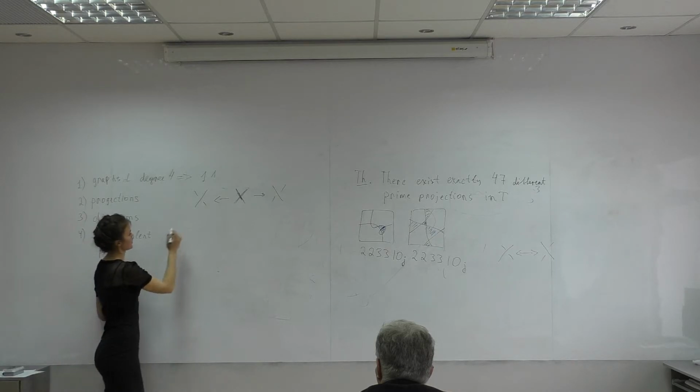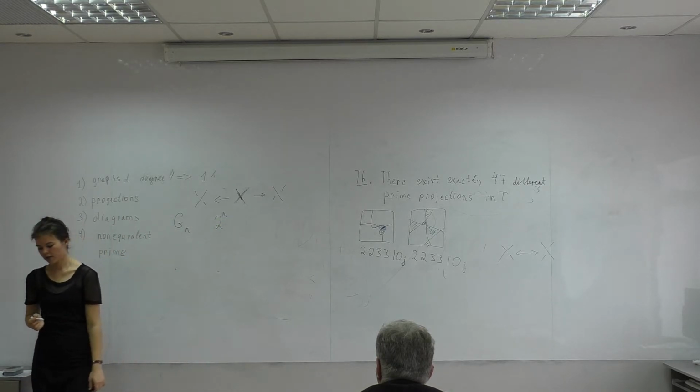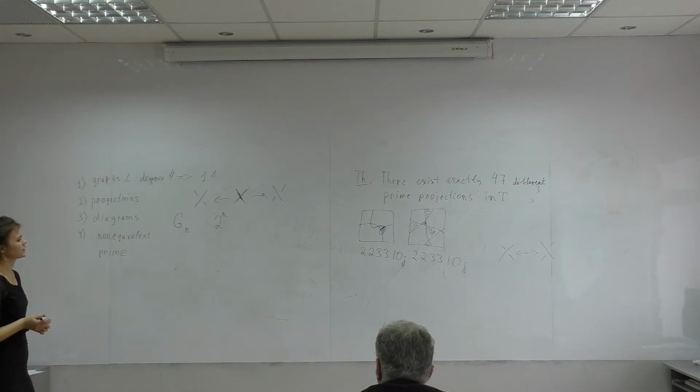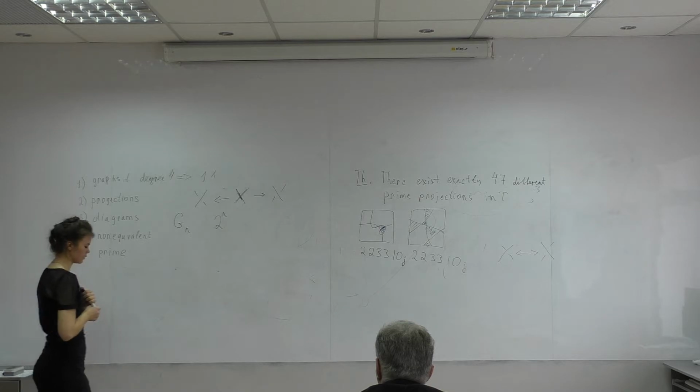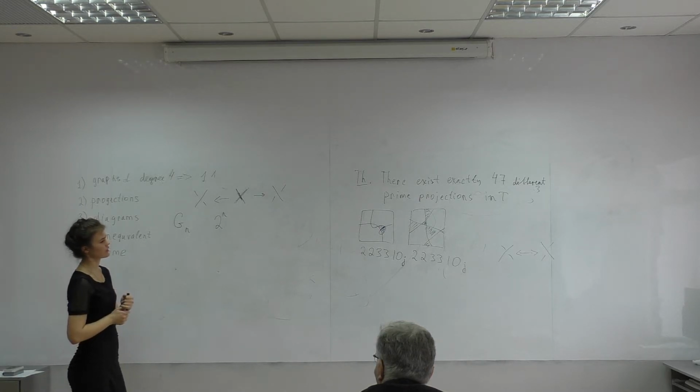So if we have a projection G having n crossing points, there are 2^n different diagrams which correspond to it. It is a very big number, but we need to get only prime and non-equivalent diagrams.